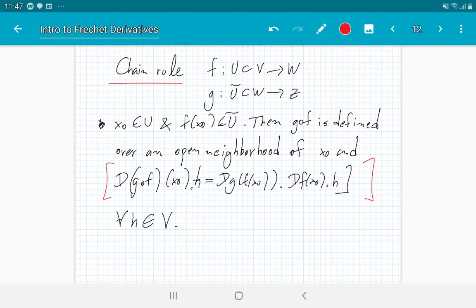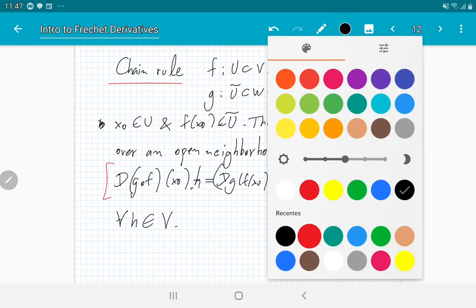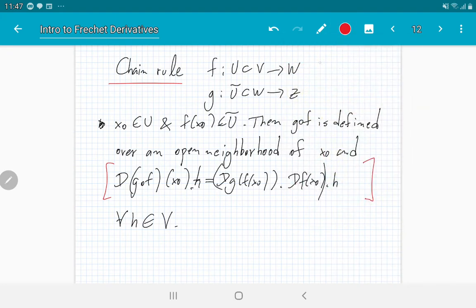And I really should write this down like this, sorry. Here I write a product of linear maps. I'm saying other things here too, because I have a function f from U to W.